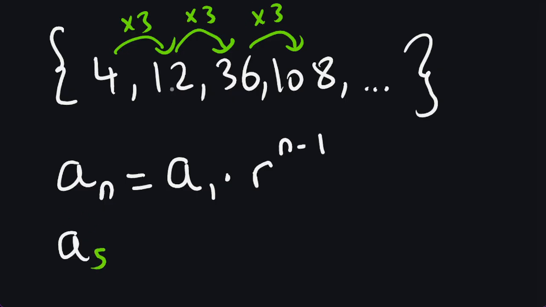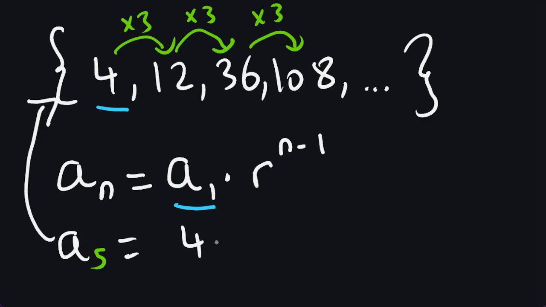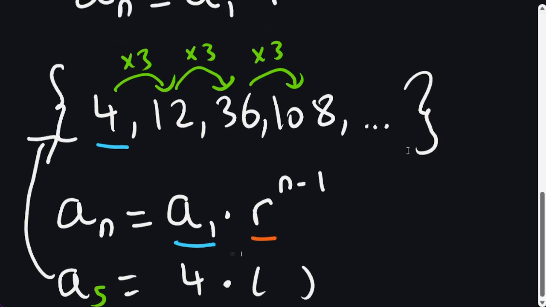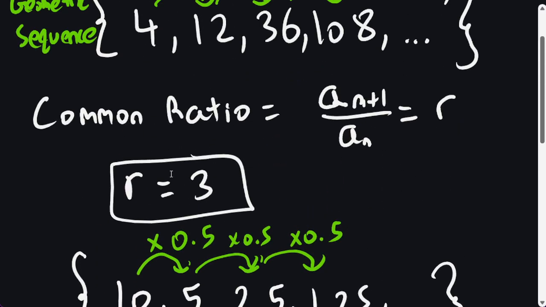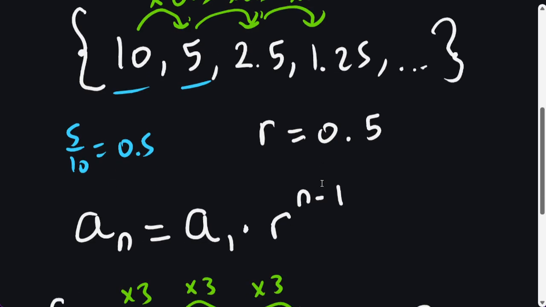Well, it's a sub 1 times r to the n minus 1. We know what a sub 1 is. That's the first term, which is 4. So we have 4 times, and we know what r is as well. R, the common ratio, we determined up here. R is 3. The common ratio is 3.